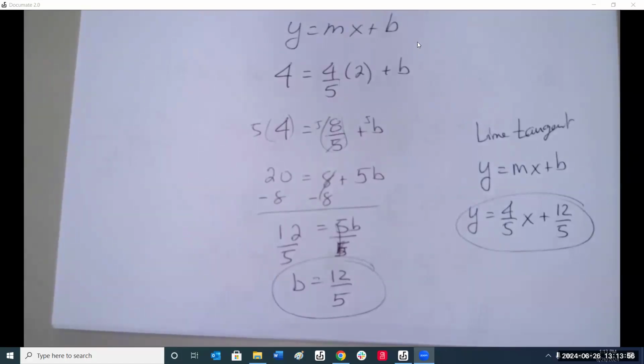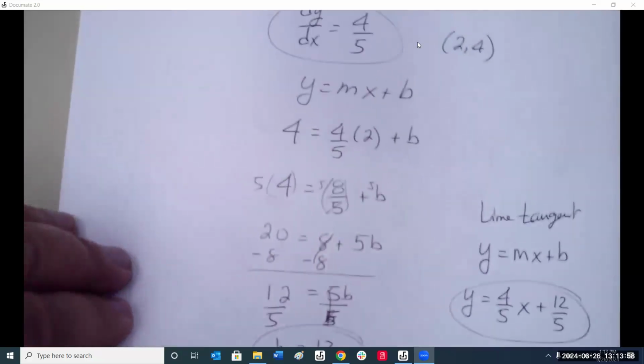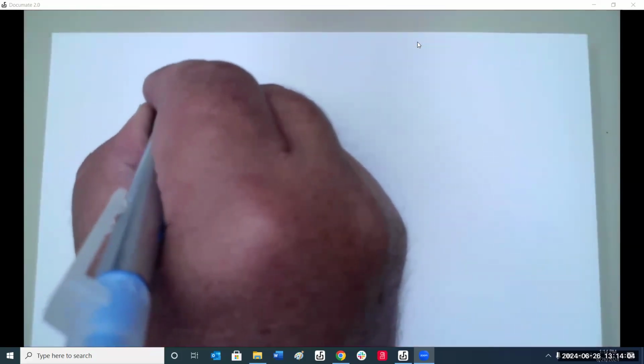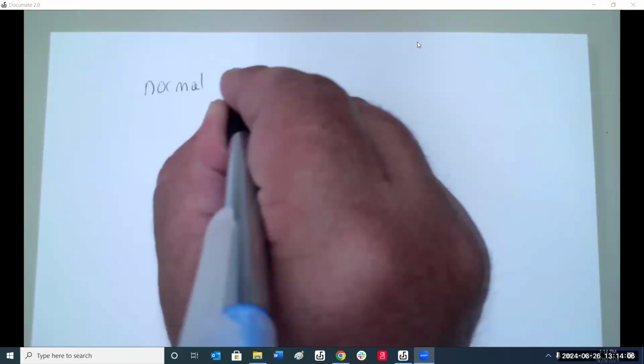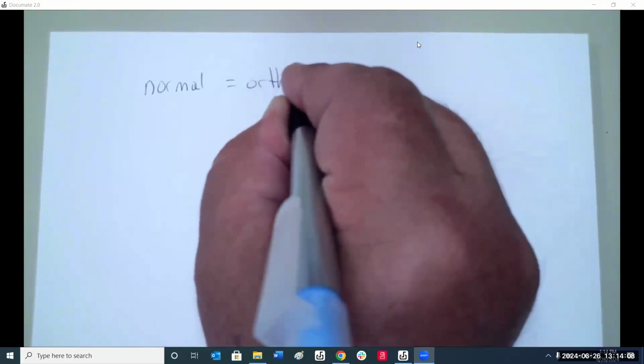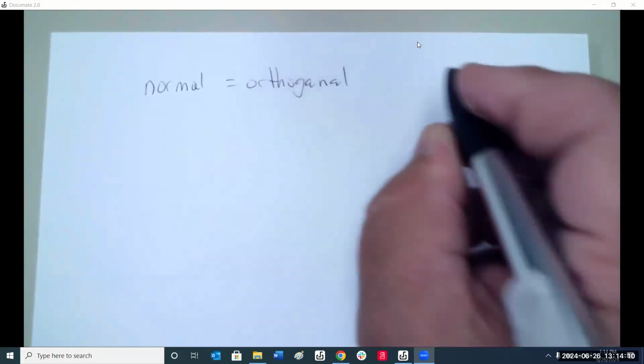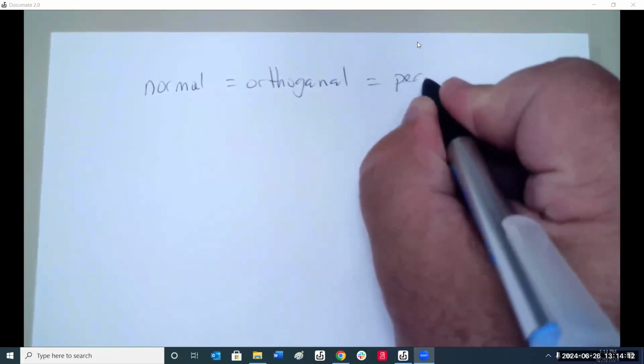Now we have to find the normal. Whenever we talk about something normal in mathematics, normal or orthogonal, we mean perpendicular.